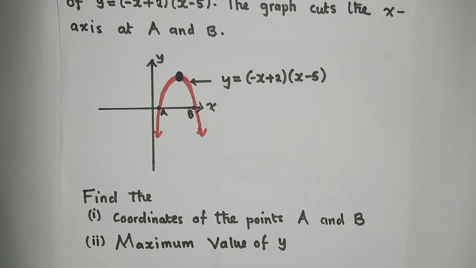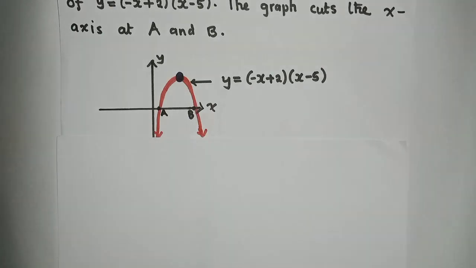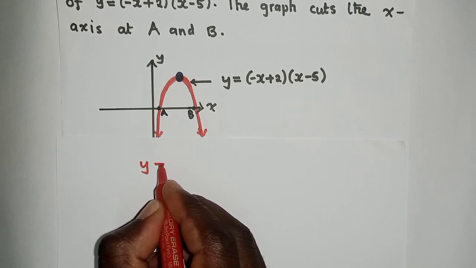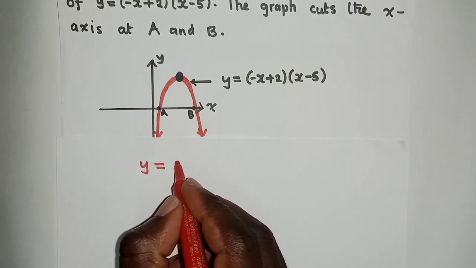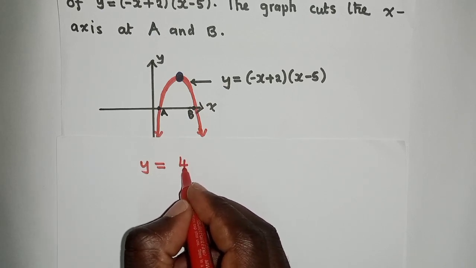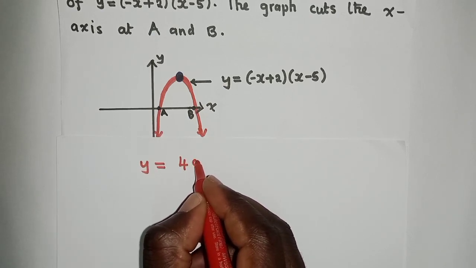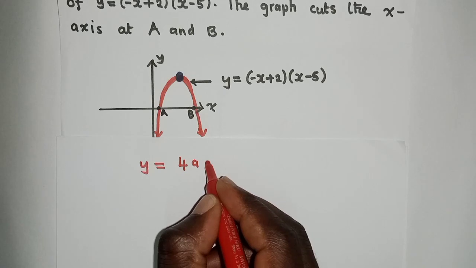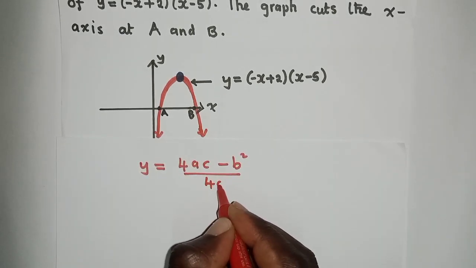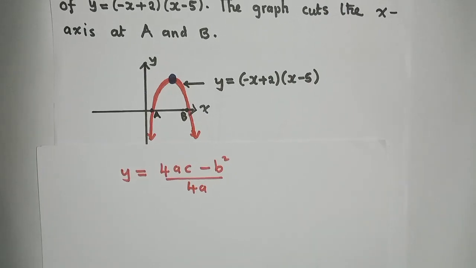There are two formulas for finding the x value and the y value. Since we're finding the maximum value of y, we will use the formula for the y value at the turning point, which is y is equal to 4ac minus b squared over 4a. This is the formula we have to use.